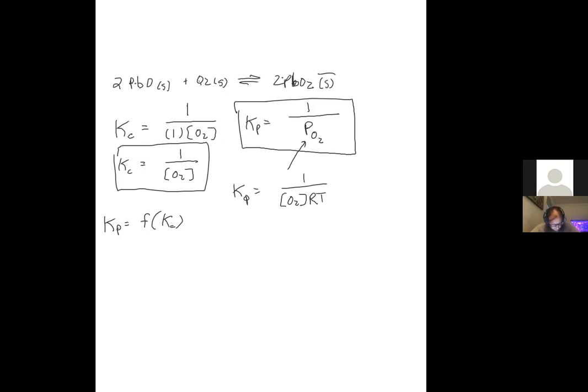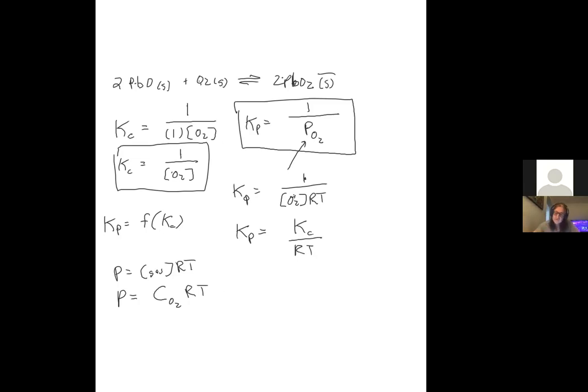P equals the concentration of gas times RT. Sometimes, if you look on YouTube and such, you'll see the concentration of O2 times, and they'll put a C for concentration so that you have just one letter there, okay? Now keep in mind, 1 over the concentration of O2 is Kc. So this is Kc right here. But there's also an RT underneath in the denominator, so it's over RT.